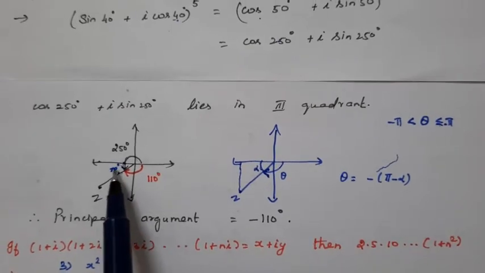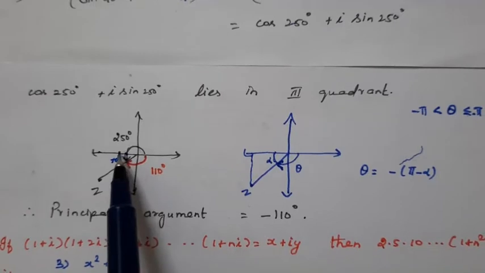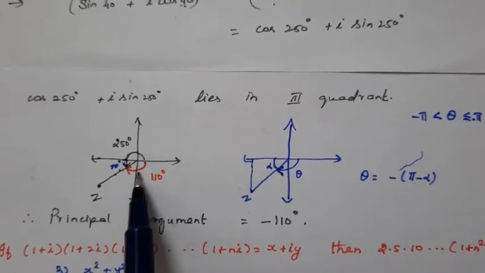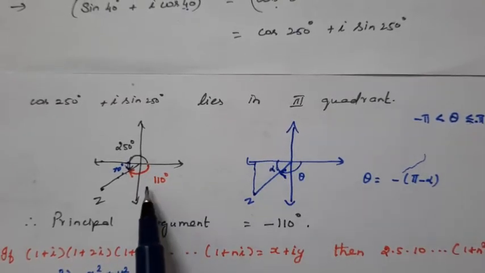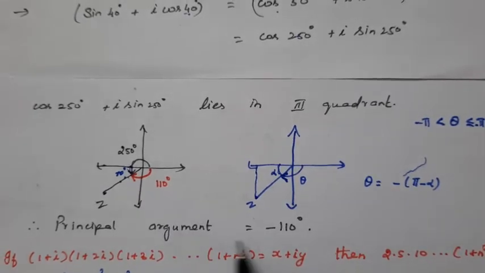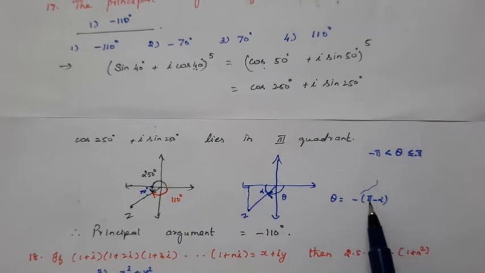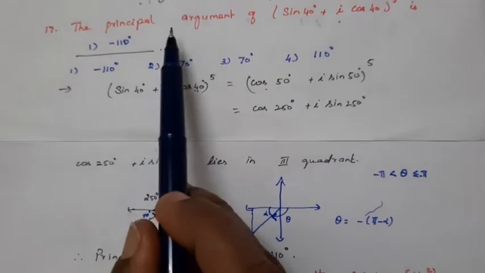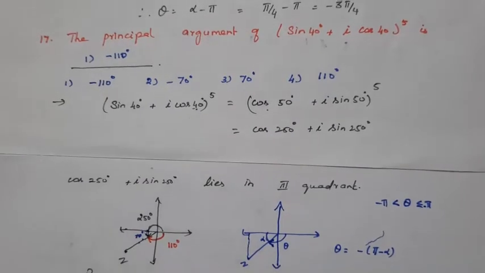Here alpha is nothing but 70 degree, because 250 minus 180 is 70 degree. So the remaining will be 110, and hence theta will be equal to minus 110 as it is measured in the negative direction. So the principal argument is equal to minus 110 degree. What is the principal argument of this one? Minus 110, which is option number 1.